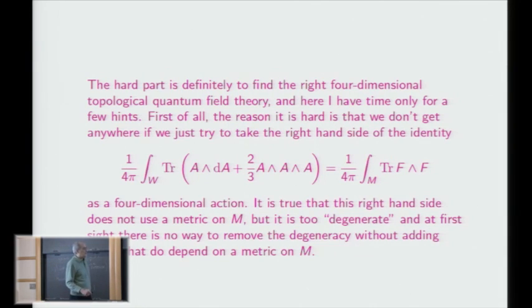But the right-hand side does not. If you tried to use the right-hand side as an action for a 4-dimensional gauge field, it would be completely degenerate. It's true that the right-hand side doesn't use a metric on M, but it's too degenerate to give a sensible action by itself for a gauge field. And at first sight, there's no way to remove the degeneracy without adding terms that do depend on the metric.